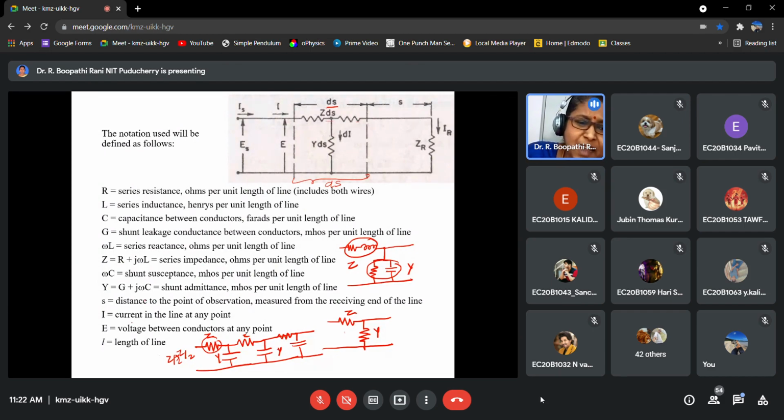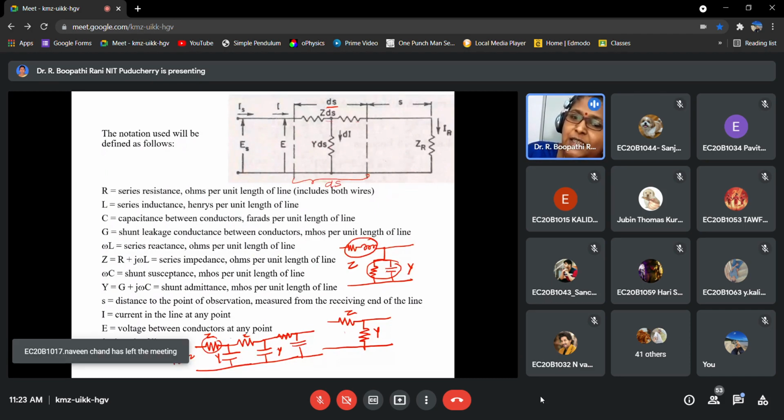And we consider I as the current in the line at any point, and E is the voltage between conductors at any point, and the length of that line we consider is L. The transmission length we consider as L. So L is the length of the transmission line, and we consider only this particular one unit element, one section.